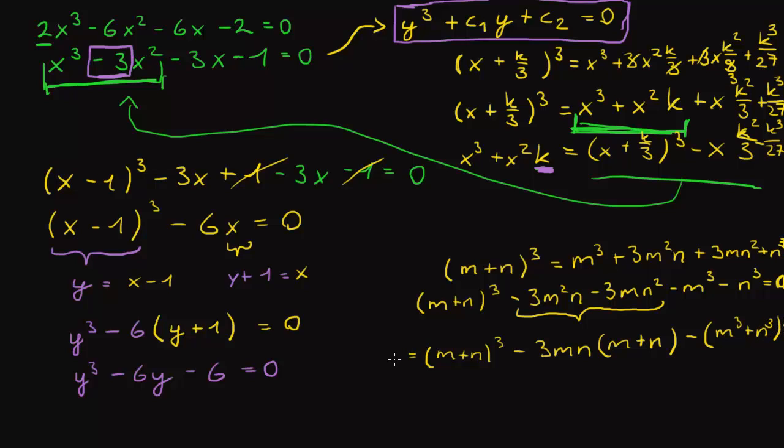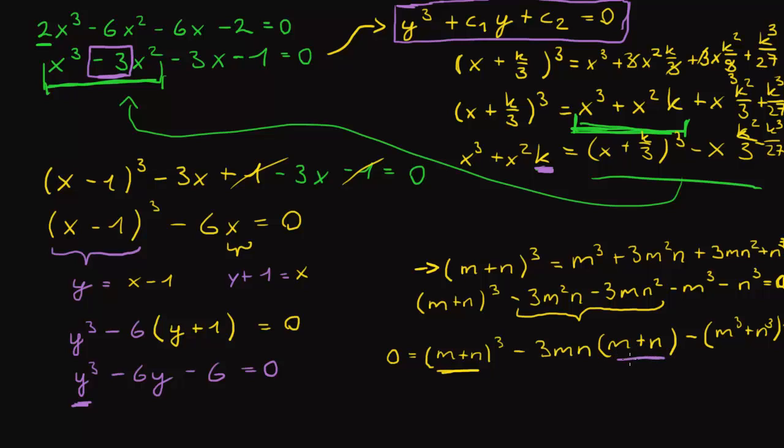All of this business is equal to 0. Now, what we said was that this is obviously true for all numbers m and n. Now, can we find an m and an n that, if you add them together, become our y, right? Because that's what we want to do to solve this, is we want to find a y.